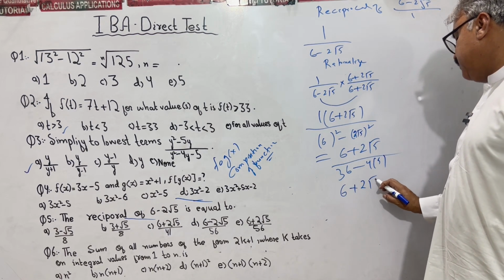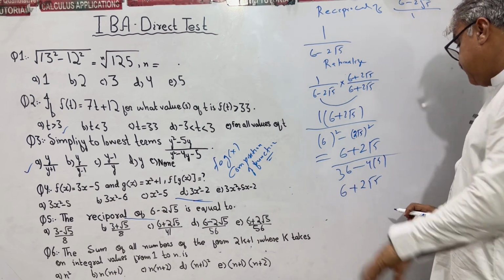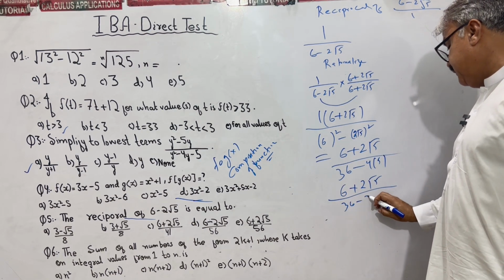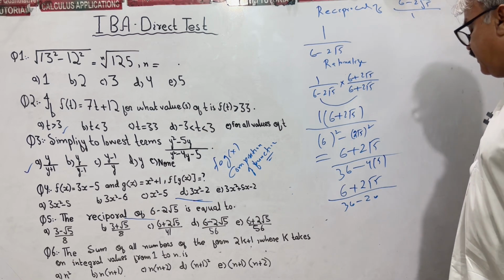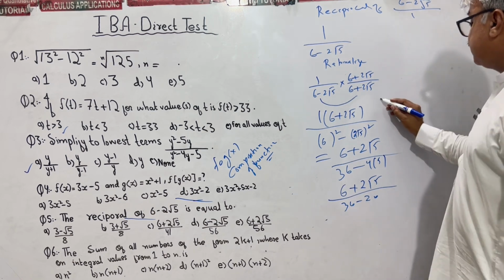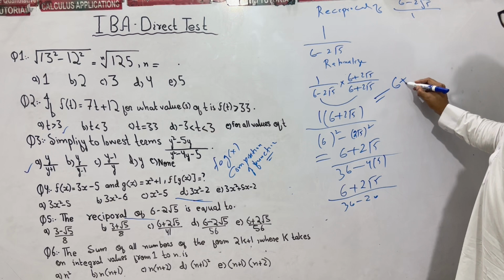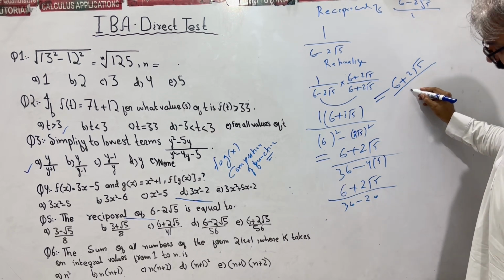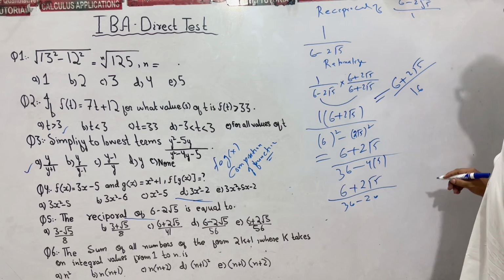6 plus 2 times root 5 over 36 minus 20, which results in 16.